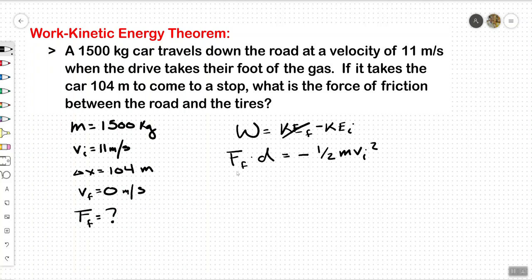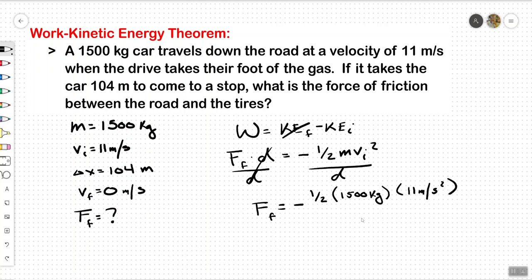And since I'm looking for force, do my algebra first. I'm going to divide both sides by distance, so that cancels out. And so I'll get the force of friction is equal to negative 1/2 mass, which is 1,500 kilograms, times its initial velocity, 11 meters per second squared, all divided by the distance that it takes to stop, which is 104 meters.